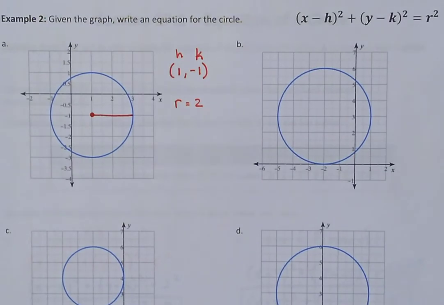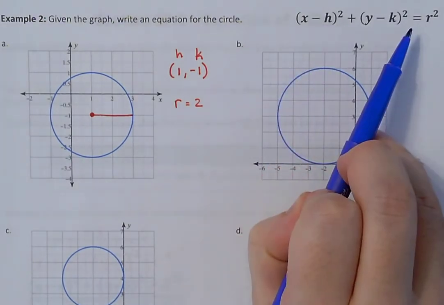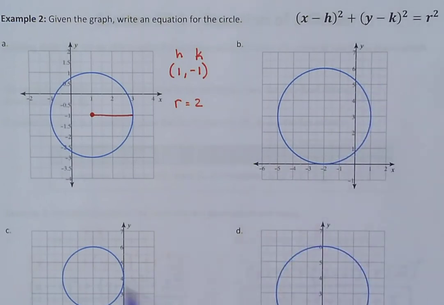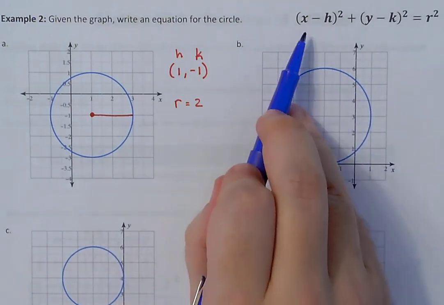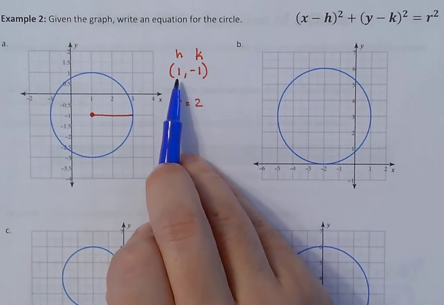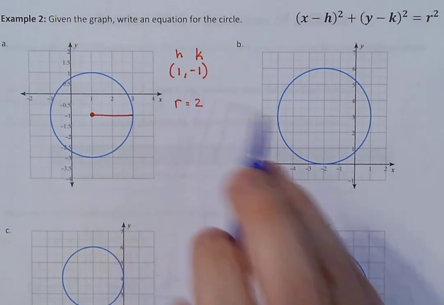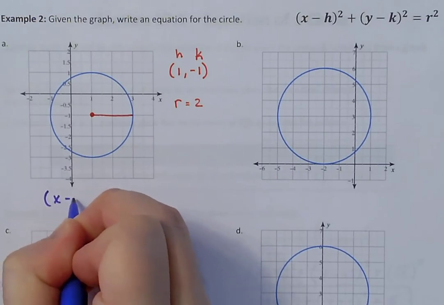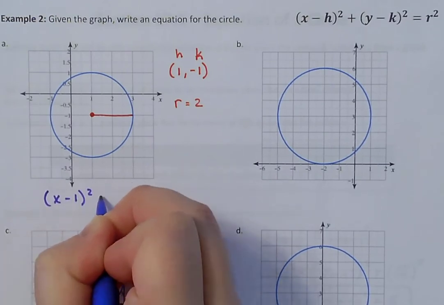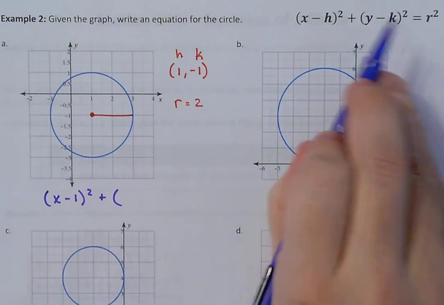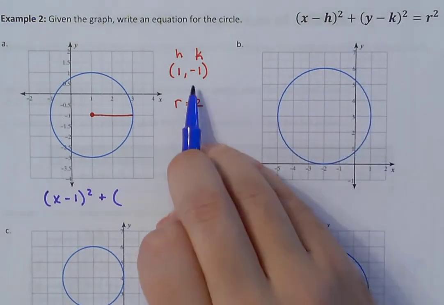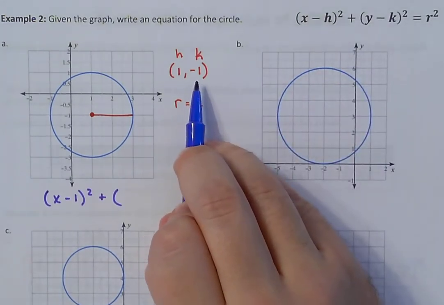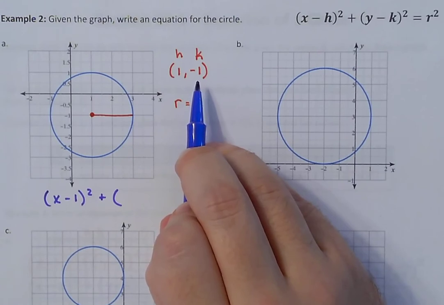So if we write the equation of a circle, which I've put up here in the top right to reference, if we have x minus h, and h is 1, that means it's (x - 1) squared plus (y - k). Our k value is -1, so it's y minus a negative 1.